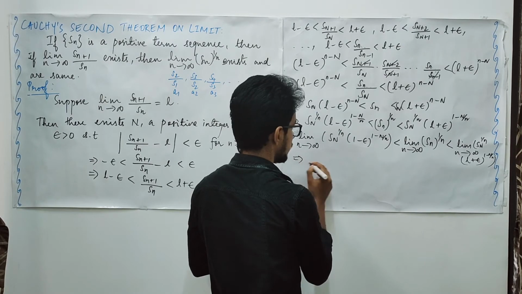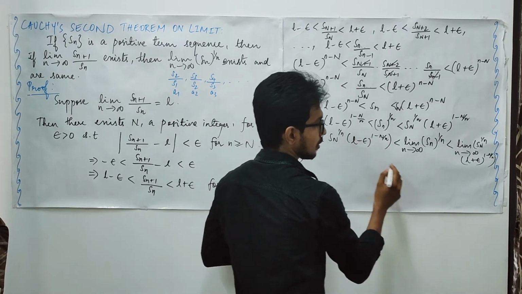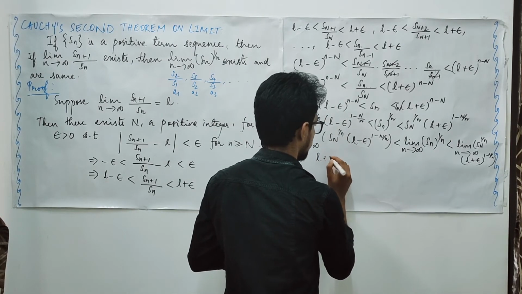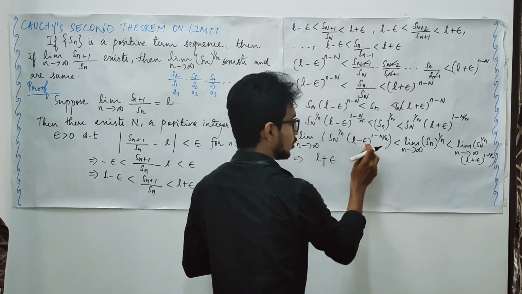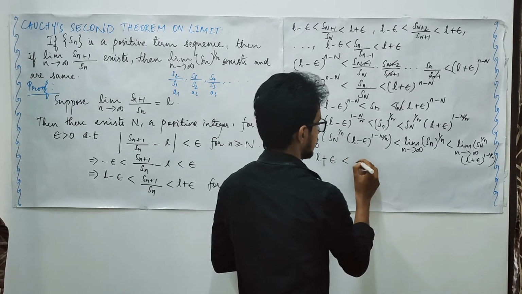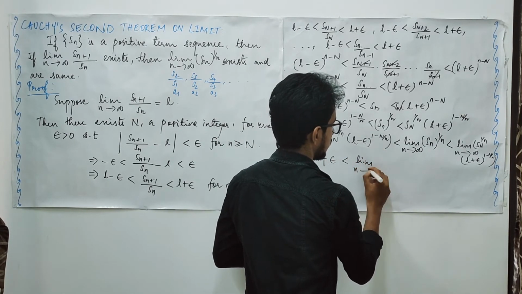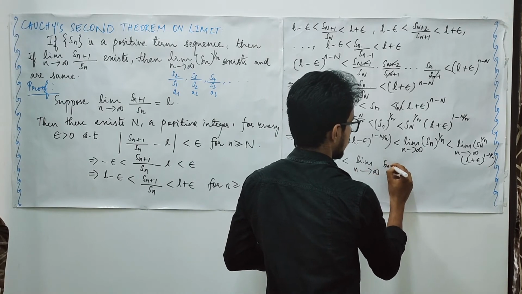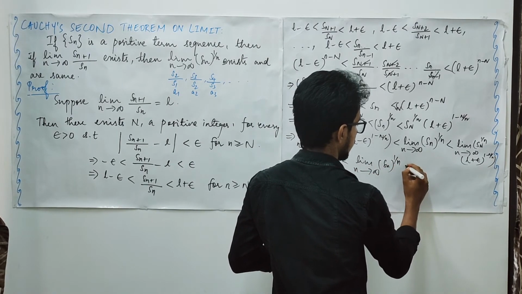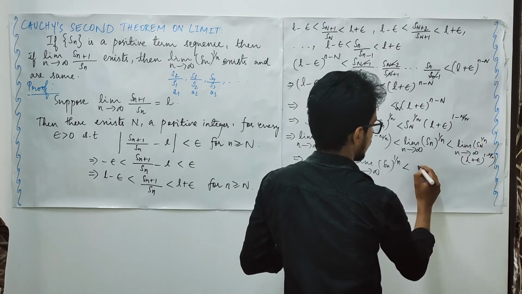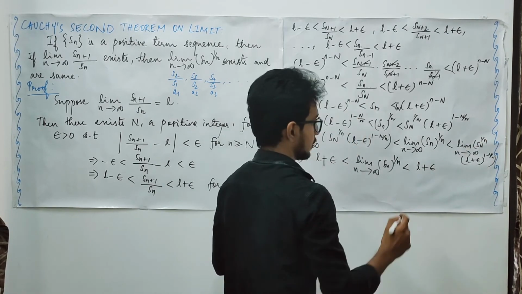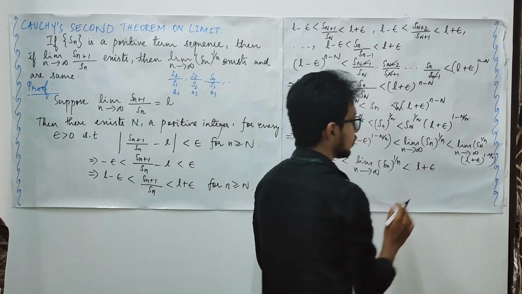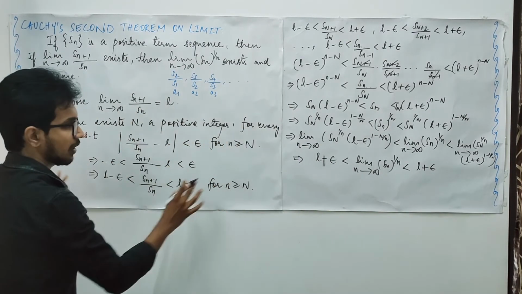So this gives you L, right? Okay. (L minus epsilon) to the power 1 is less than the limit as n approaches infinity of Sn to the power 1 upon n, which is less than L plus epsilon.